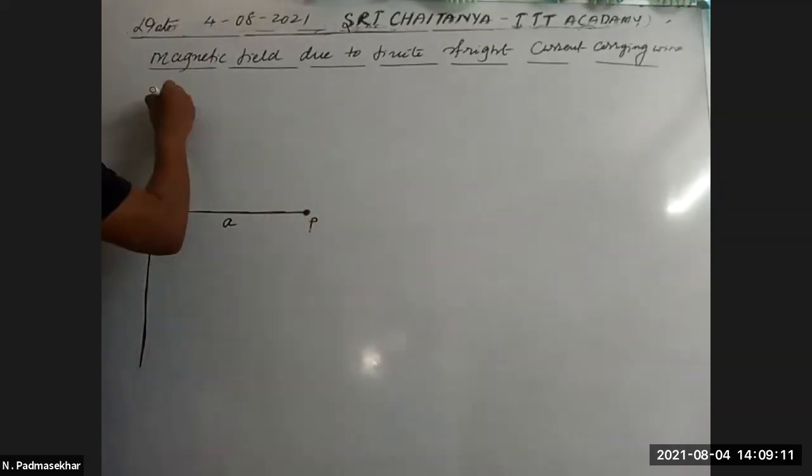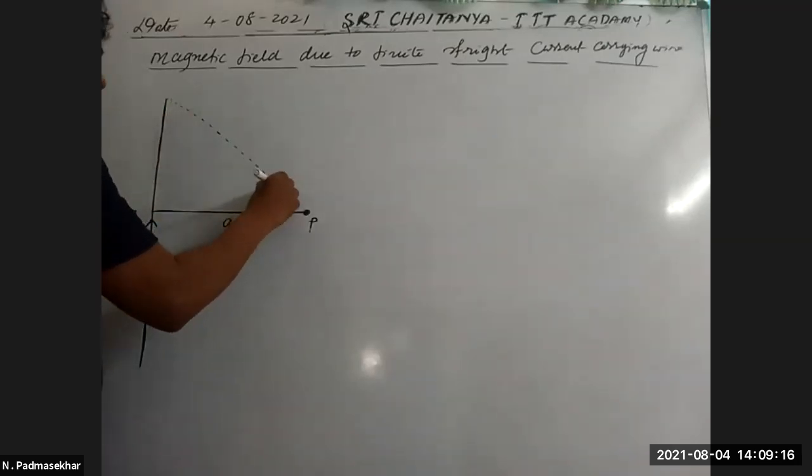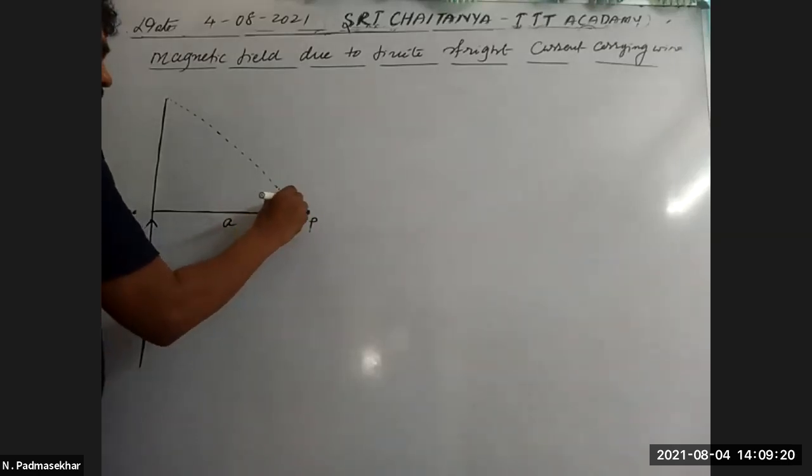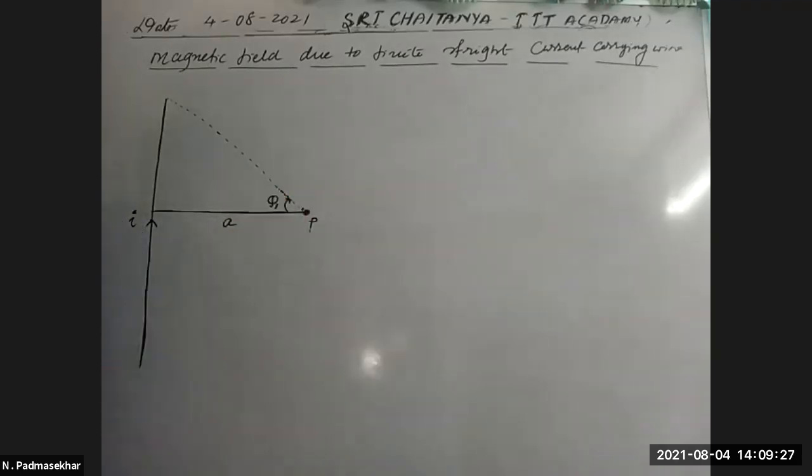From this end, I draw one line like this. This angle is phi 1.